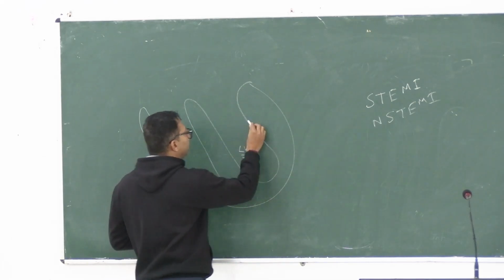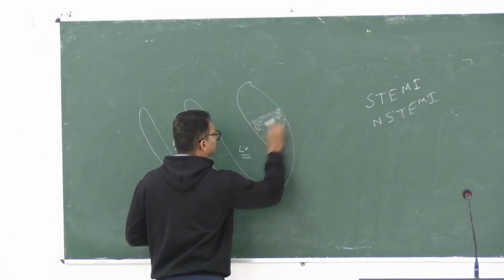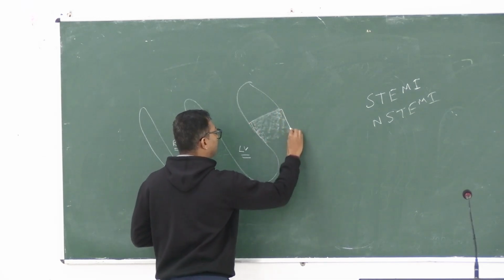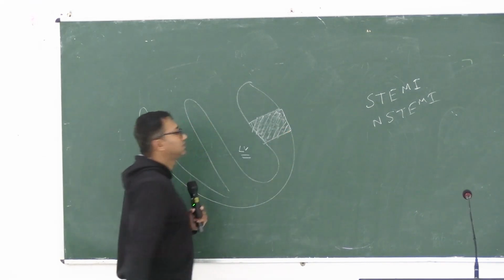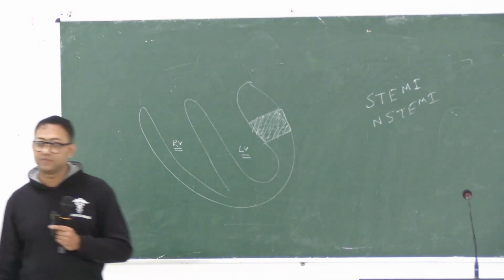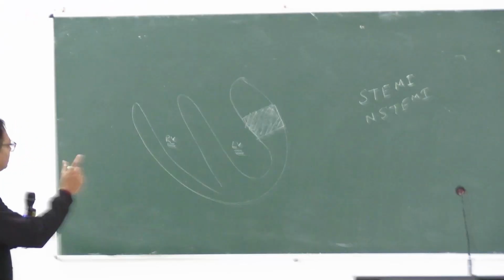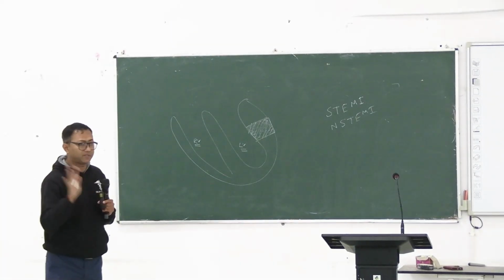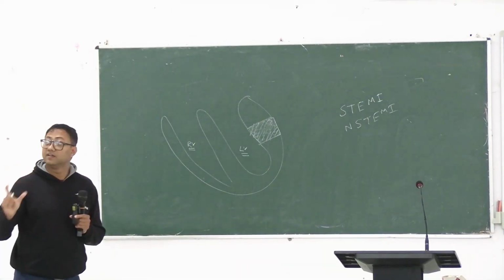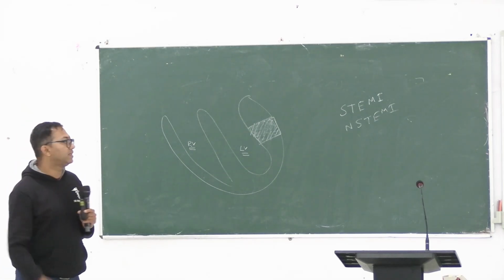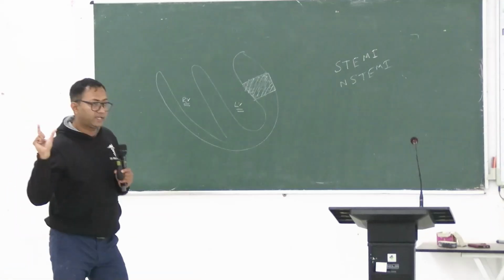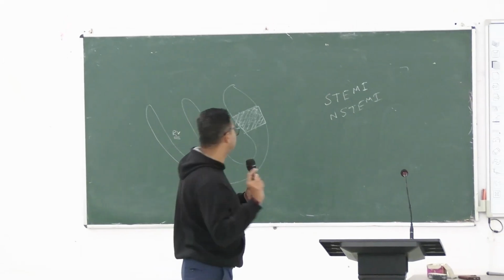One is where the full thickness is gone. Gone means damage. So full thickness of the left ventricular free wall is damaged. We call it transmural injury.